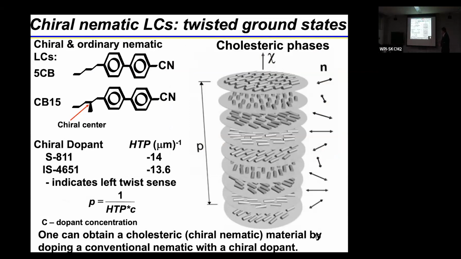And so then instead of pentyl cyanobiphenyl, 5CB, we have another well-known molecule called CB15, and the phases that it would form would be chiral nematic phases.